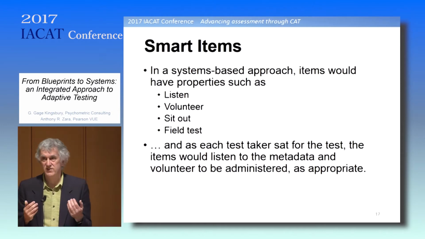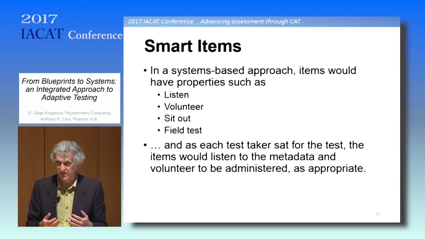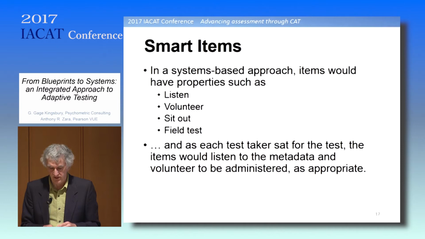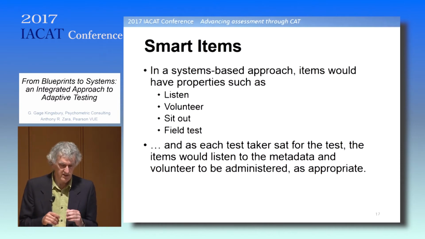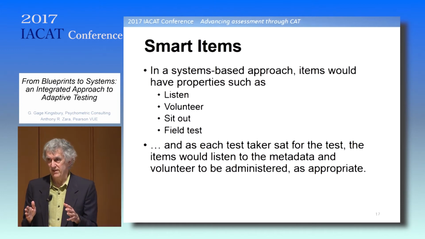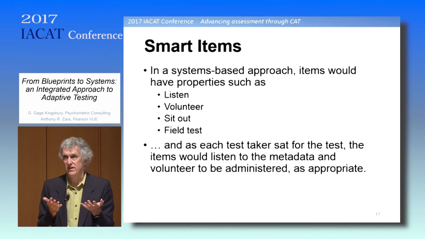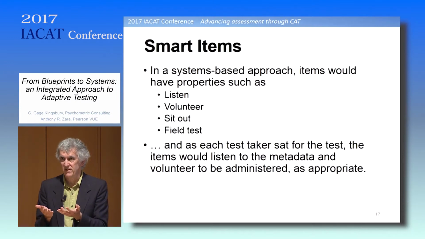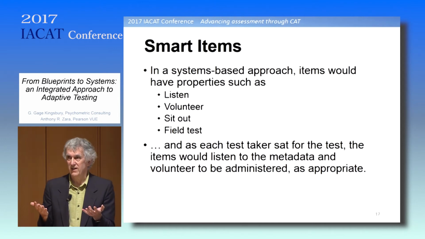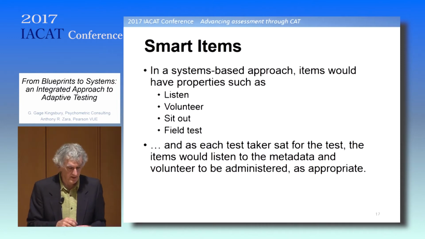So what we're going to suggest is the addition of some aspects, some properties to the items themselves. So for instance, in a dynamic CAT, an item will be able to listen. And by listening, I mean it will be able to identify incoming metadata from a particular test event, to identify what's been given already in the test event and what is needed to fulfill the test plan, the test blueprint.